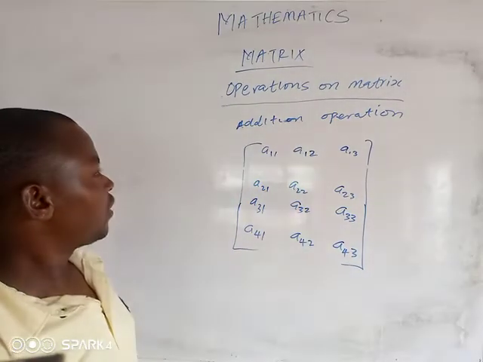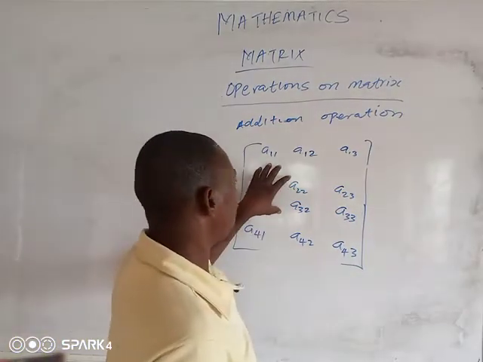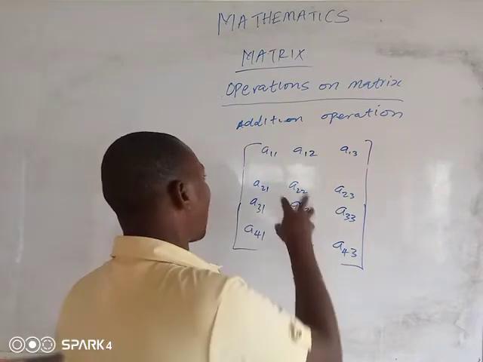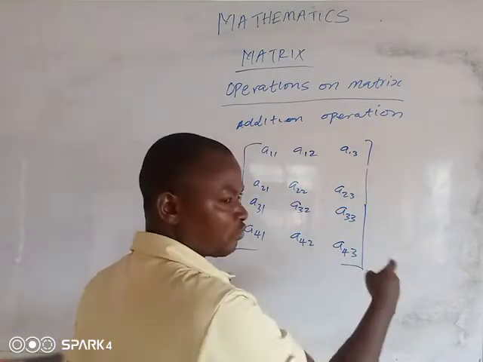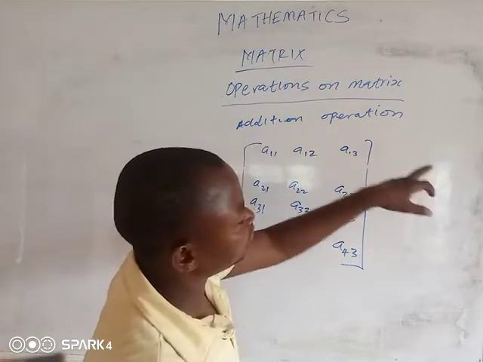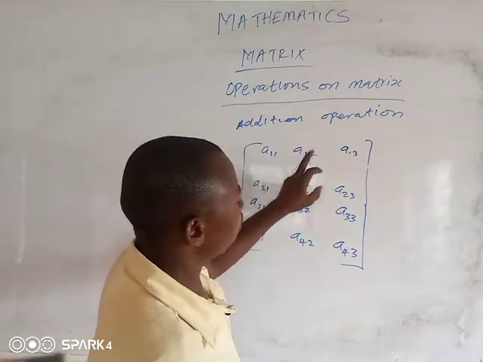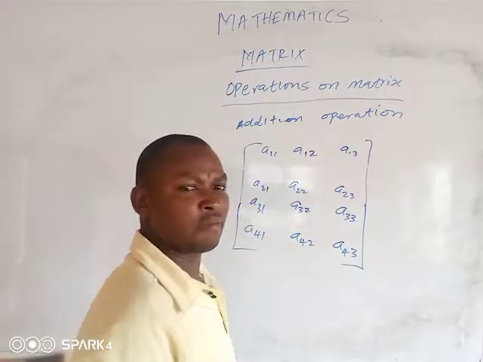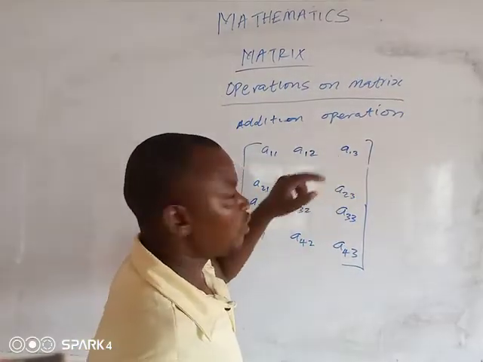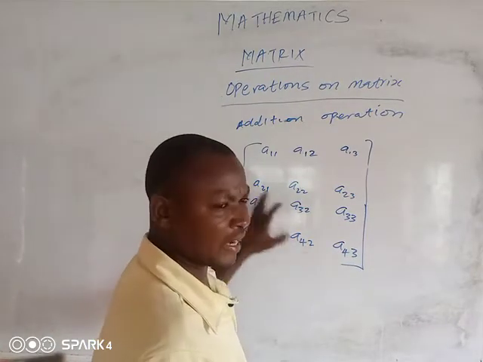So now, if we want to add, that means if we have this as a matrix, we are going to have another matrix, which is matrix B. So this is A11. We want to add it to the A11 of that other matrix. This A12, we add it to A12 of the other matrix. This A13, we add it to A13 of the other matrix. This A21, like that.